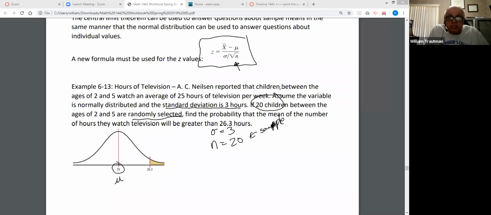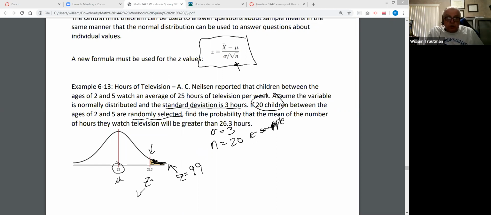Find the probability that the mean number of hours they watch TV is greater than 26.3. Greater than 26.3 is everything shaded in this way. So we need this Z value, and we need this Z value. The Z value on the far right is a positive 99, positive infinity. We just have to find this Z value here.